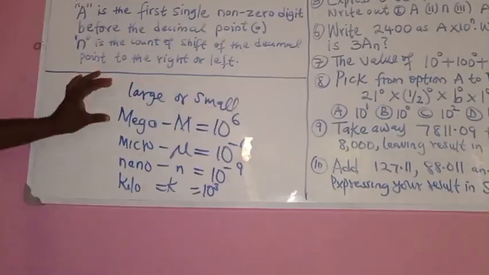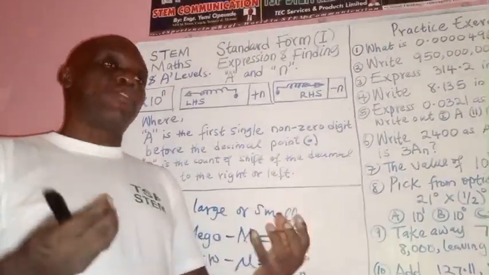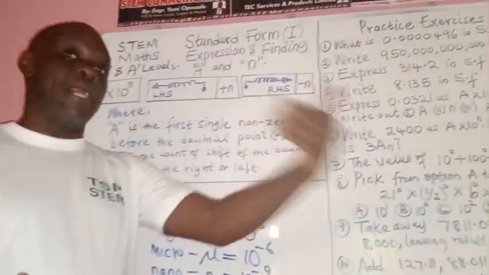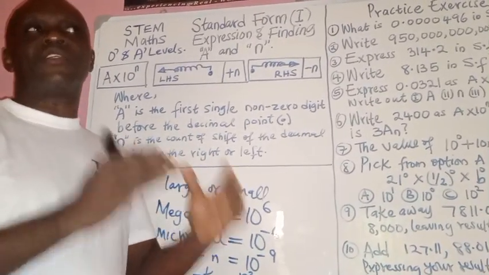So when we have mega or micro, small or large numbers like this, we make use of standard form. Expressing numbers in standard form makes large numbers look so simple for you to handle.